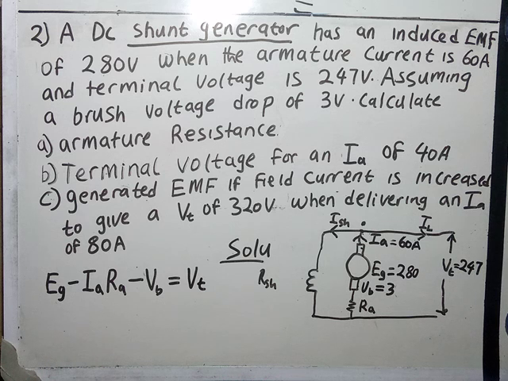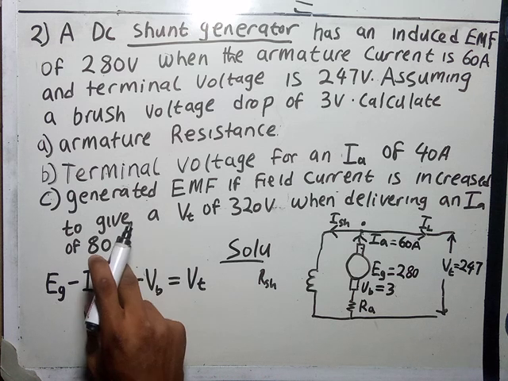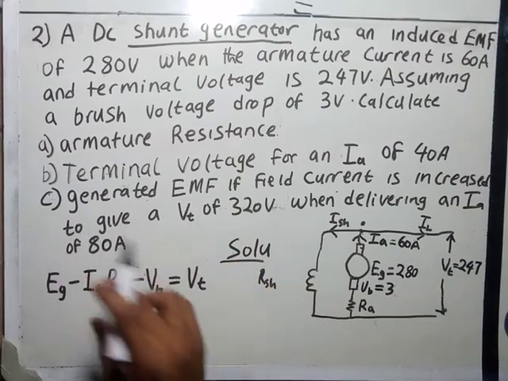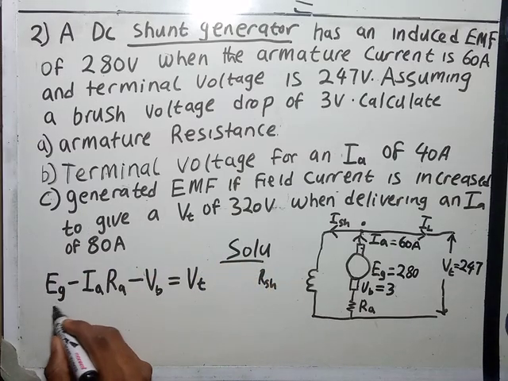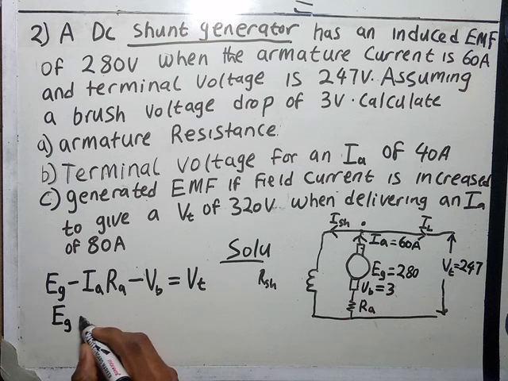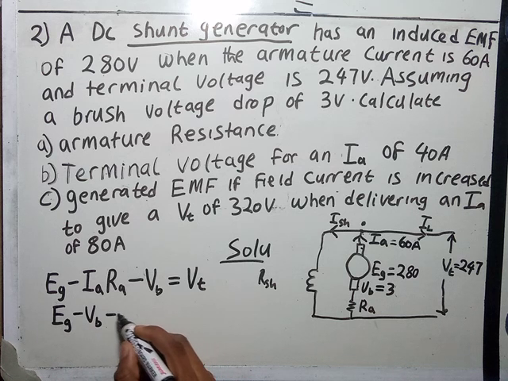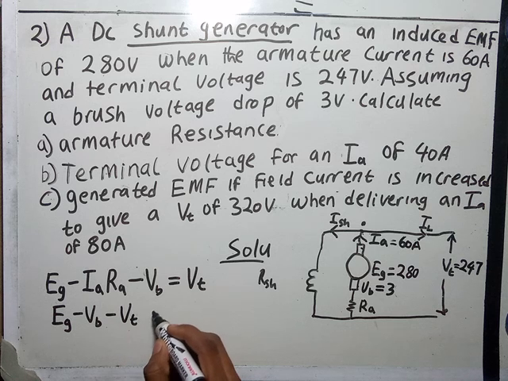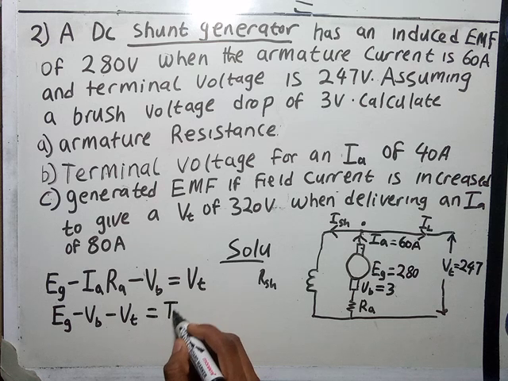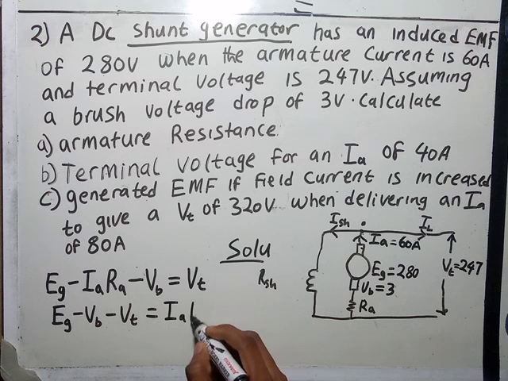Now we are given EG, IA, VB and VT, so we can make RA the subject of the formula from here. So let us take this over here and this over here. Then we have that EG minus VB minus VT is equal to IA RA.